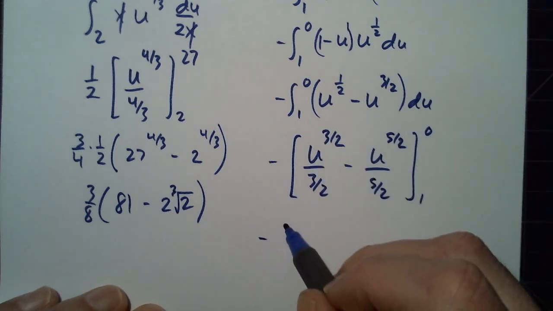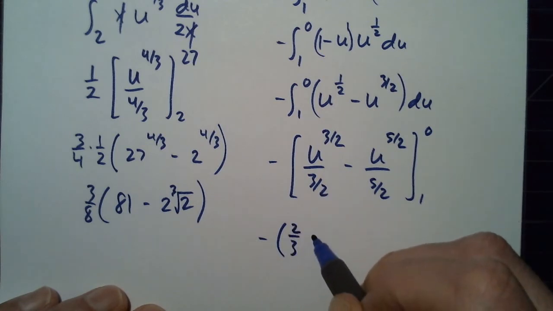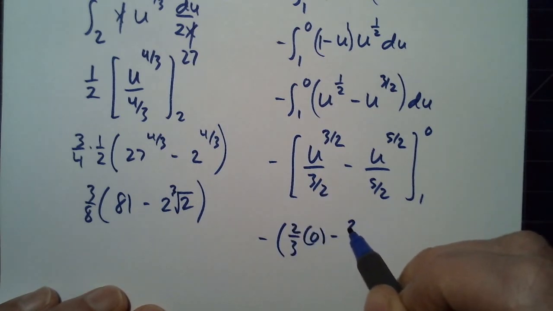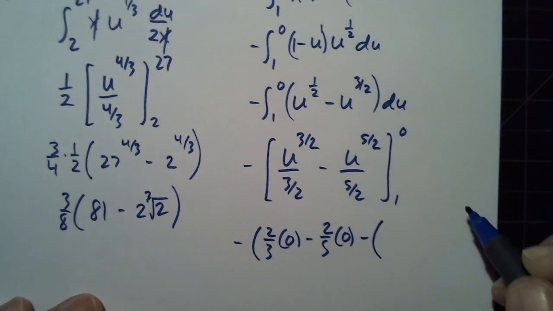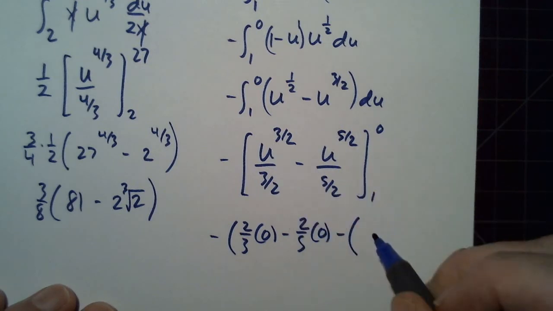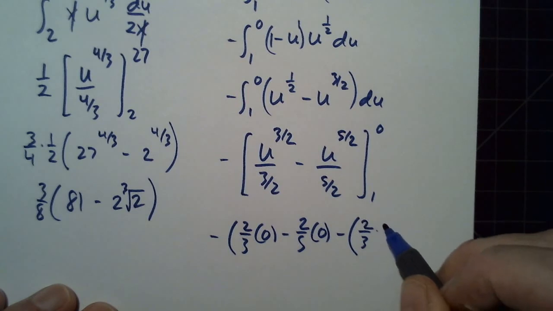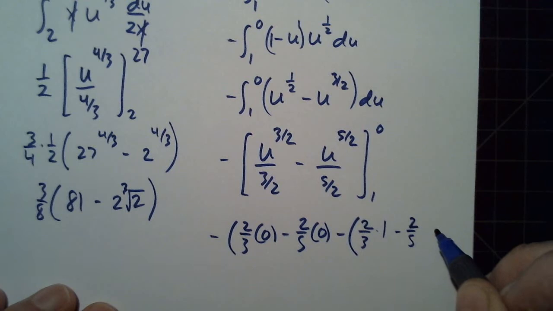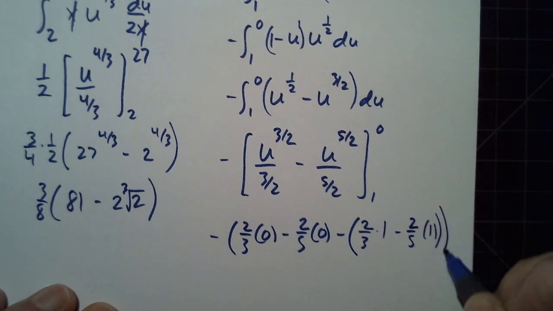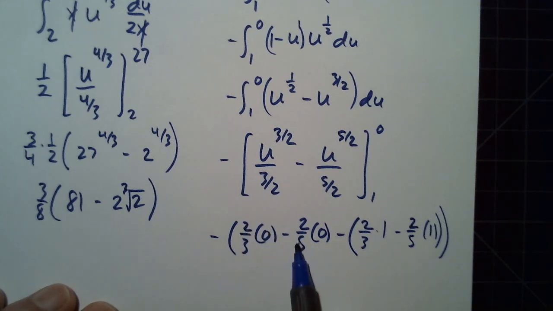Substitute the 0, and we have 2/3 times 0 minus 2/5 times 0, minus, and then substituting the 1, that'll be 2/3 times 1 minus 2/5 times 1. So dividing by 3/2 is the same as multiplying by 2/3. So that's what I did there.